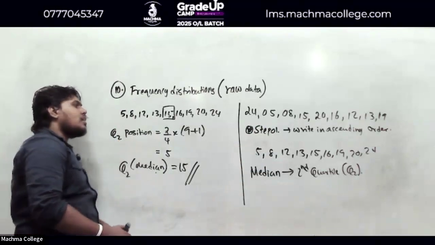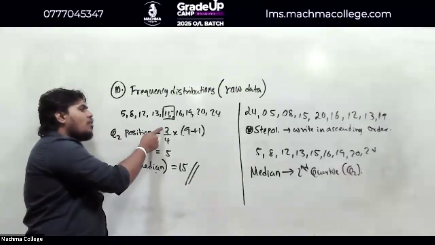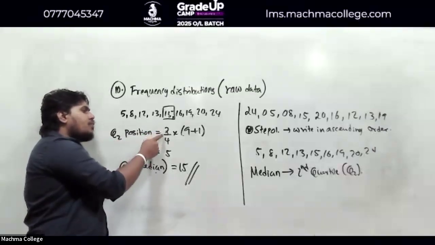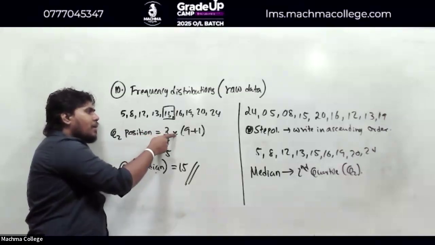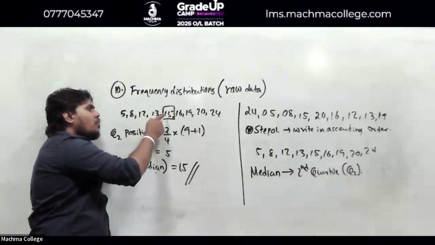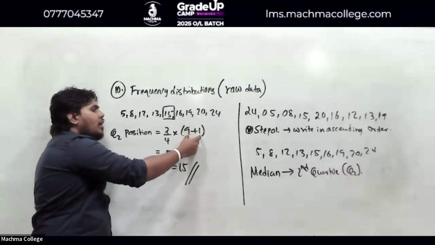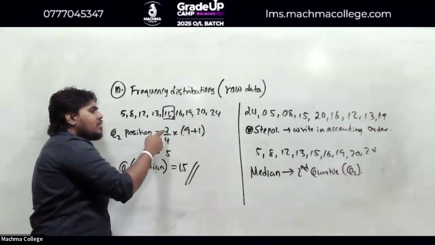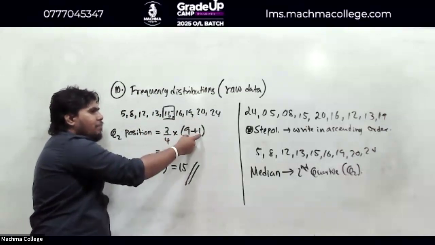Q2 position: if you are calculating the second quartile, it should be 2 over 4. First quartile, 1 over 4. Third quartile, 3 over 4. This is the second quartile we are taking. So 2 over 4 multiplied by the number of data plus 1. Counting 1, 2, 3, 4, 5, 6, 7, 8, 9, so 9 plus 1 is 10.